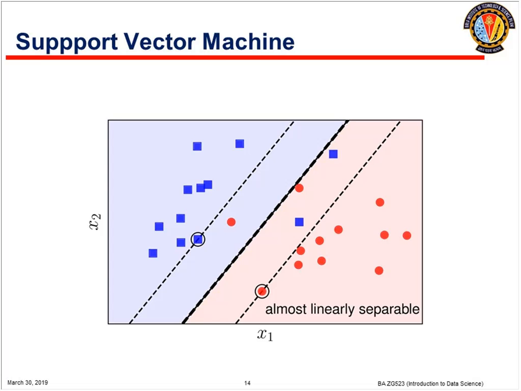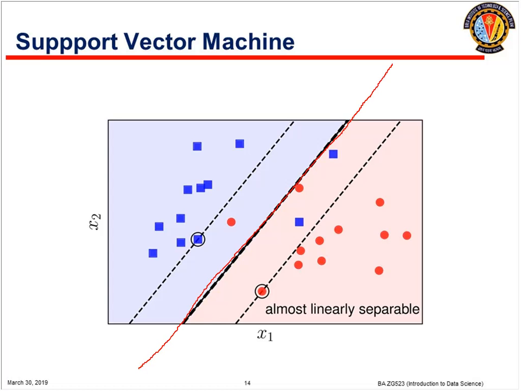The idea here is to find some vectors, or some examples, which are called support vectors. Why are they called support vectors? Because after all the mathematics and computations, this classifier selects some of the examples from both classes as support vectors, and it creates a boundary with respect to those support vectors.